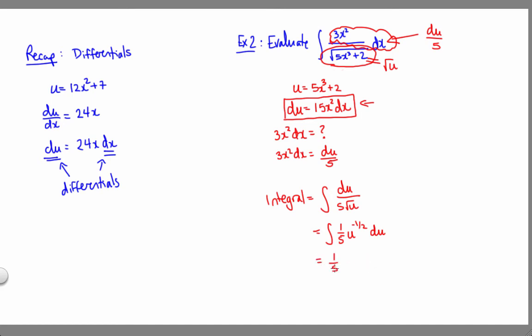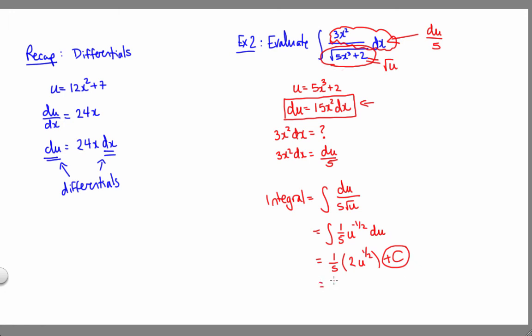So we'll leave the 1/5 out in front. The exponent on the u is going to increase by 1, so it's going to become u to the 1/2, and we'll multiply by the reciprocal of that new exponent, so 2u to the 1/2. And then really important here to add plus c, because the integral is generating all possible antiderivatives for that function.